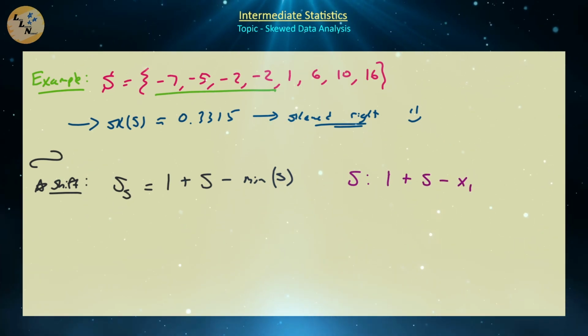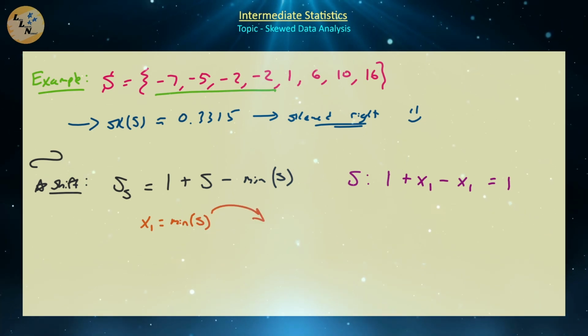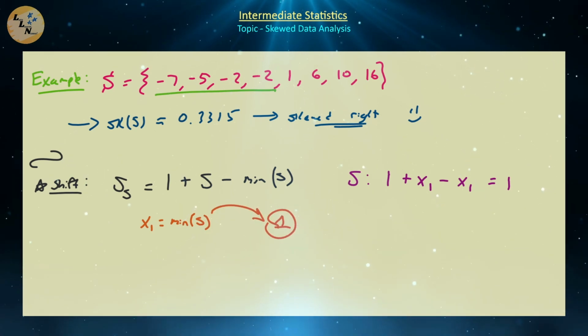So x1 is an s, and x1 minus x1 is going to go to 0, and that's going to give us 1. So if x1 is the minimum of our original data set, that's going to be mapped to 1, which means all values in S are also going to be greater than or equal to 1 because we're simply shifting this to the right.